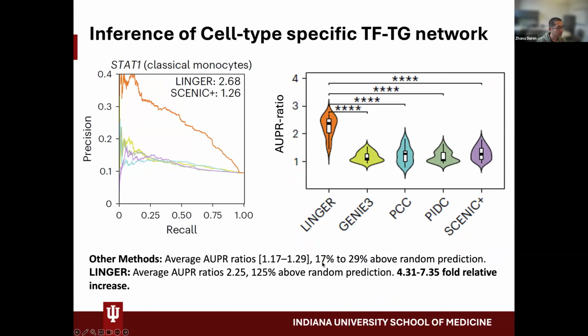So the previous methods are about 17 to 29% above random prediction, but ours is 2.25, which is 125% above random prediction. It's about a 4 to 7-fold relative increase. That gives a really increased accuracy in GRN inference.